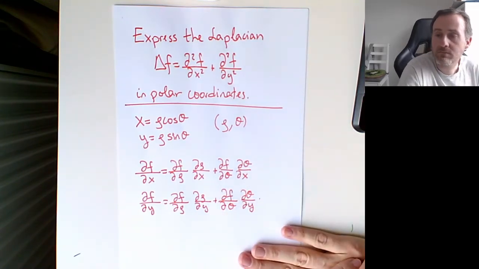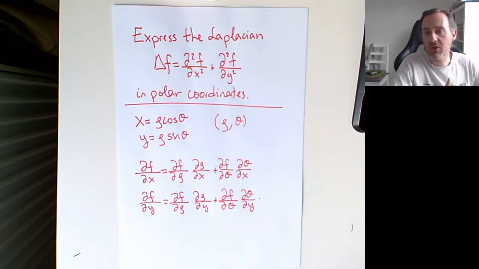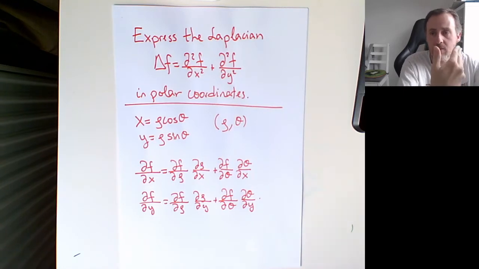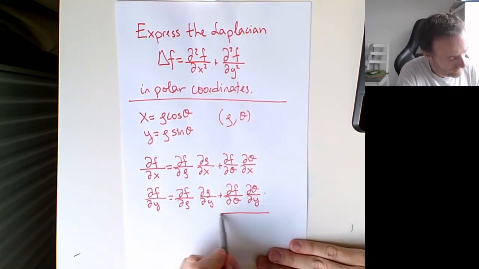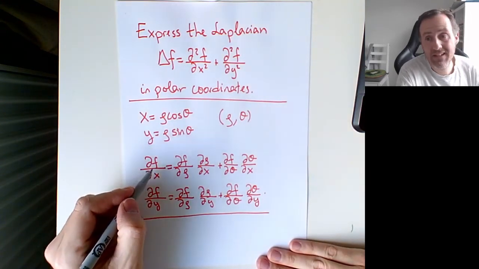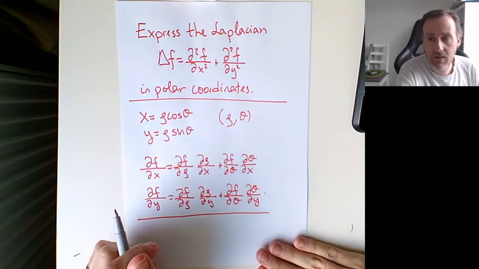Very good. So, using this same formula, we can compute the second partial derivative with respect to x and with respect to y. How? Well, we know that the partial derivative with respect to x changes like this.